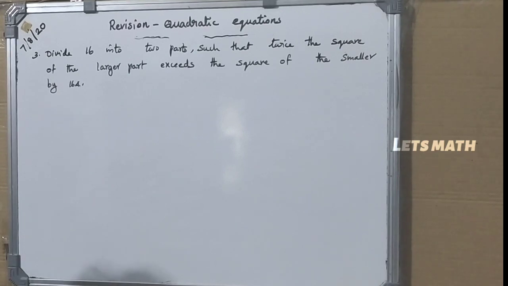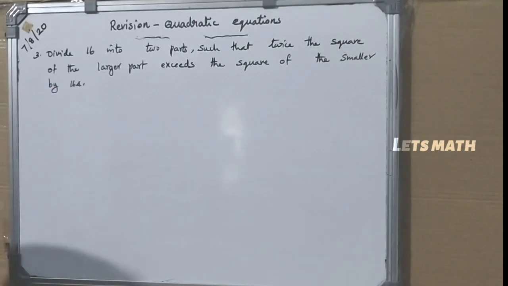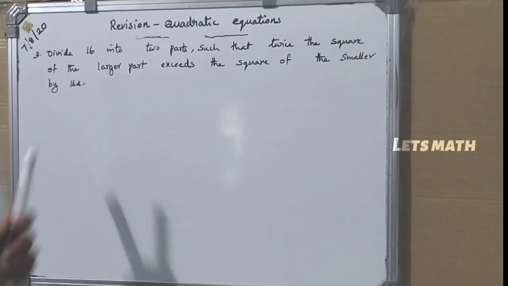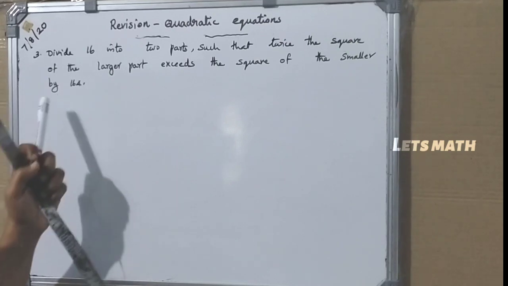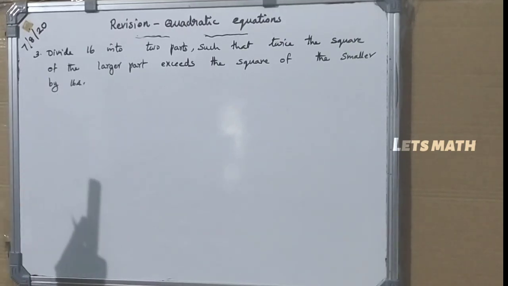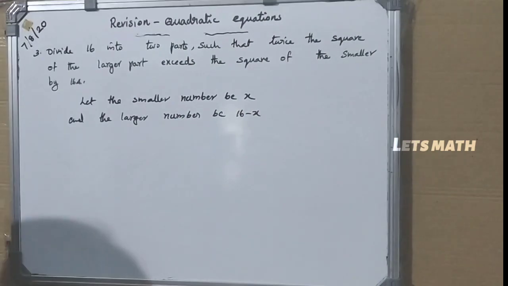So let the numbers be x and 16 minus x. The number 16 can be split up like this. Let the smaller number be x and the larger number be 16 minus x.